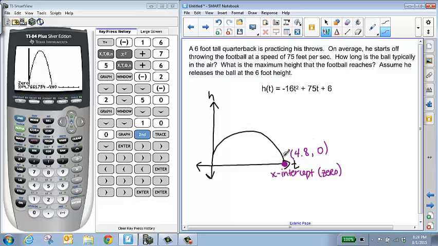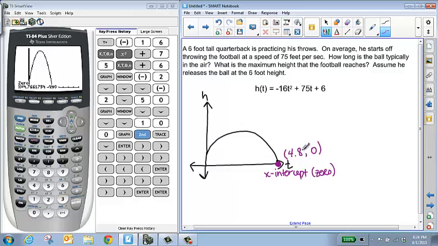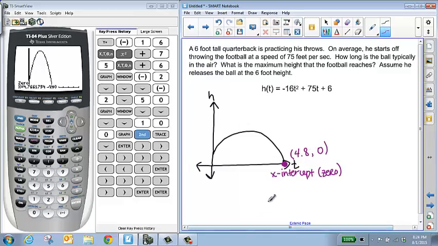Since this here is along the t-axis, this is representing time. So this is in seconds. So to answer our first question, how long is the ball typically in the air, we would say 4.8 seconds. So that is the answer to question 1.